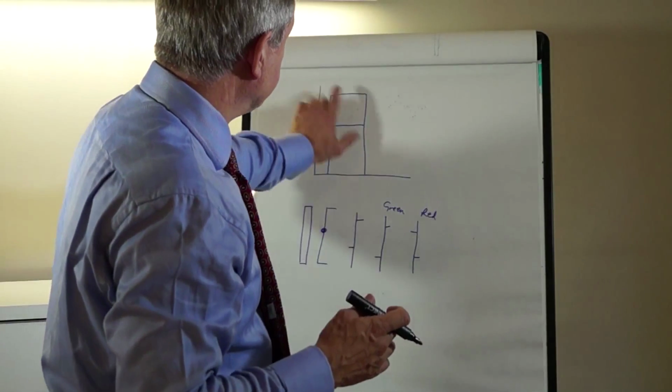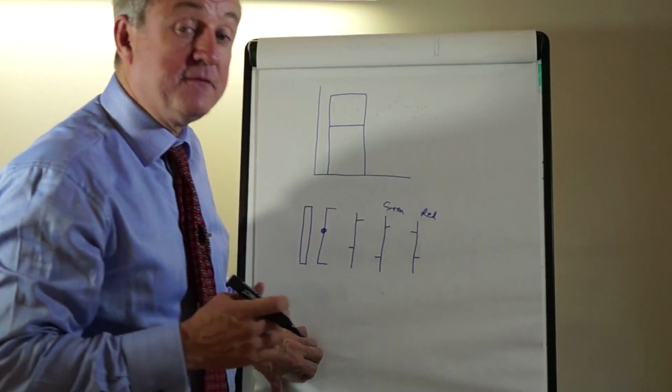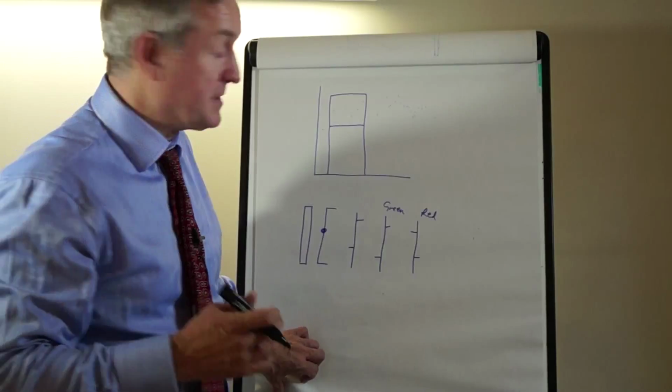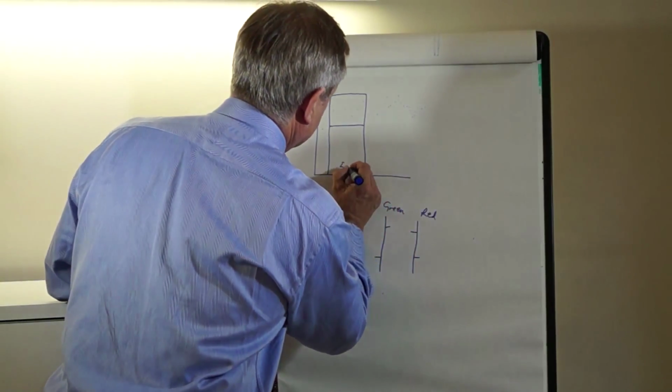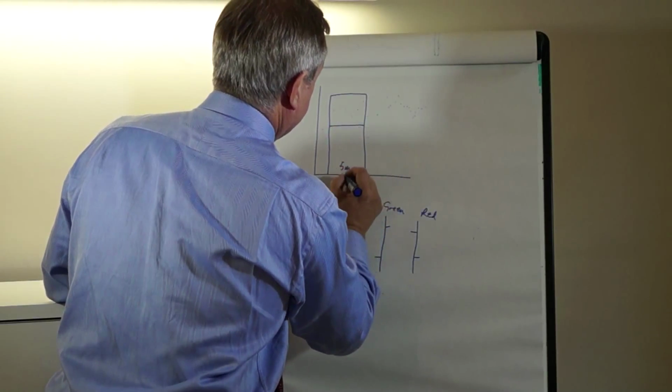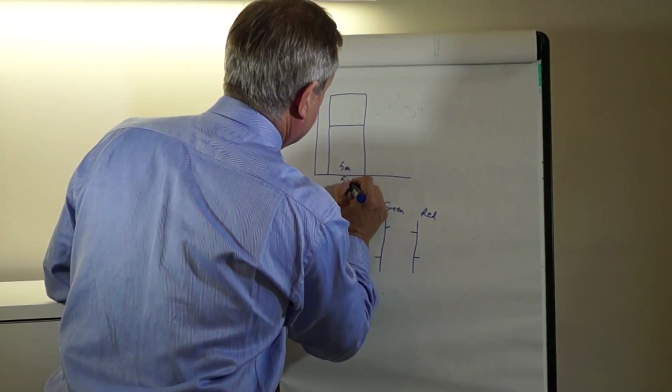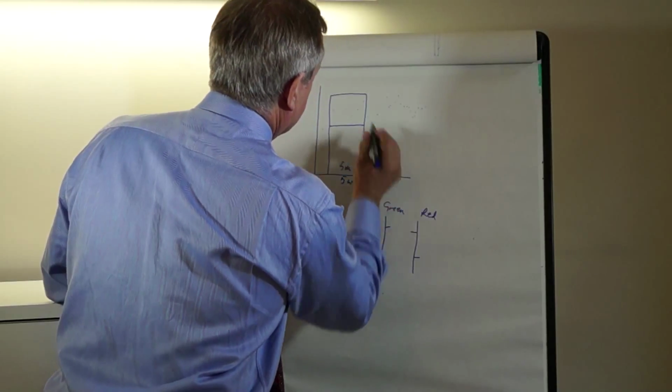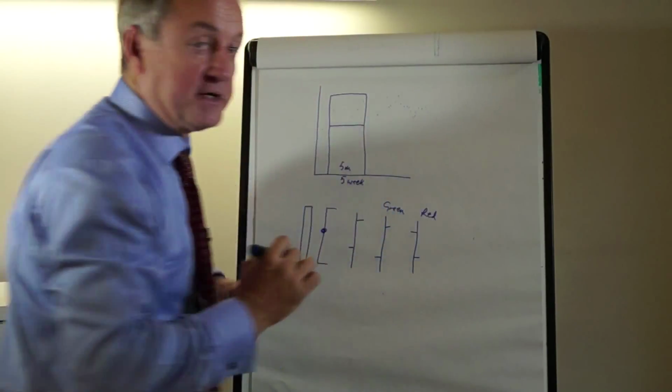What follows from this notion of these intervals is that there are different bar charts for the same market. If this is a 5-minute interval, you get a bar that starts there and finishes there. If it's a 5-week interval, you get the bar that starts there and finishes there as well.